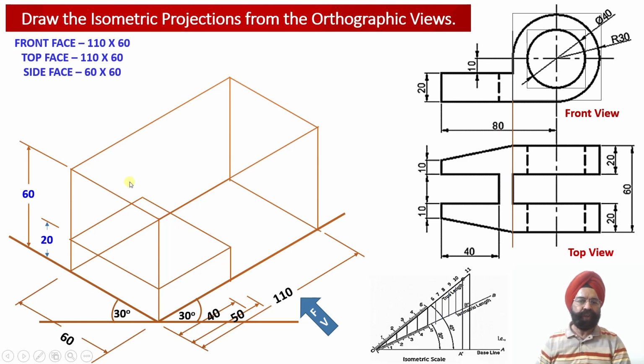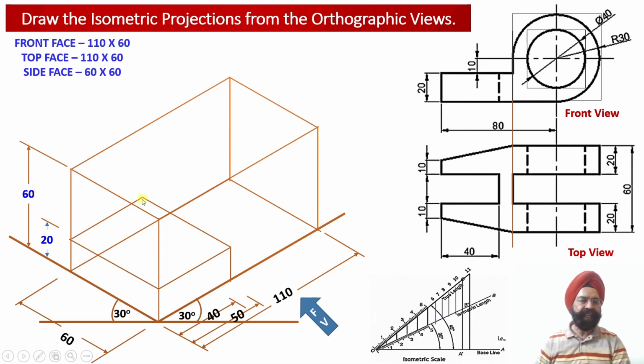So now in the isometric view we have drawn this isometric projection line having width equal to 60 millimeter, and this line happens to be parallel to the isometric x-axis.